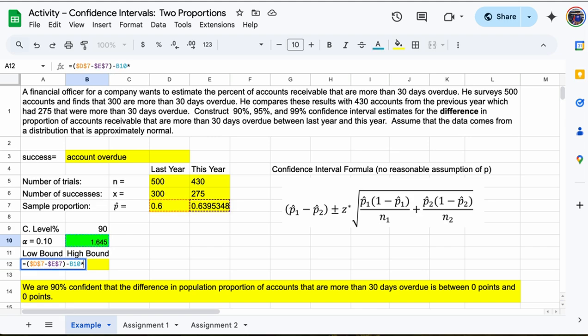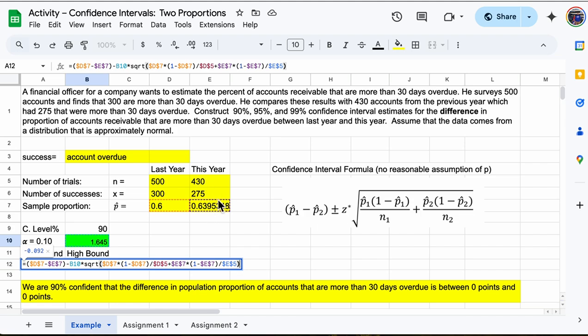The B10 I want to leave alone, and I'll type in the square root of D7, so that's my P hat 1, times 1 minus D7, divided by D5, which is my N1, plus, that's built into the formula, E7 times 1 minus E7 divided by E5.